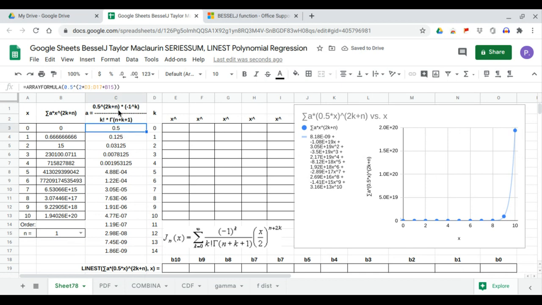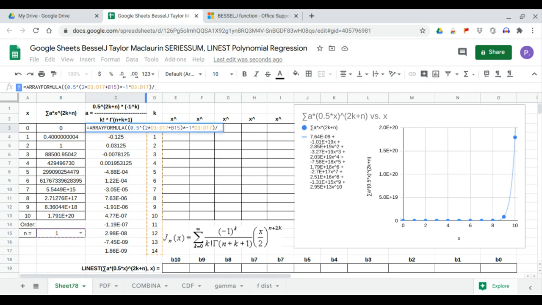Next, we continue. The other part of the numerator is times minus 1 to the power k. So we have completed the numerator part. This time we will have the denominator part. So we'll divide this, separate this.